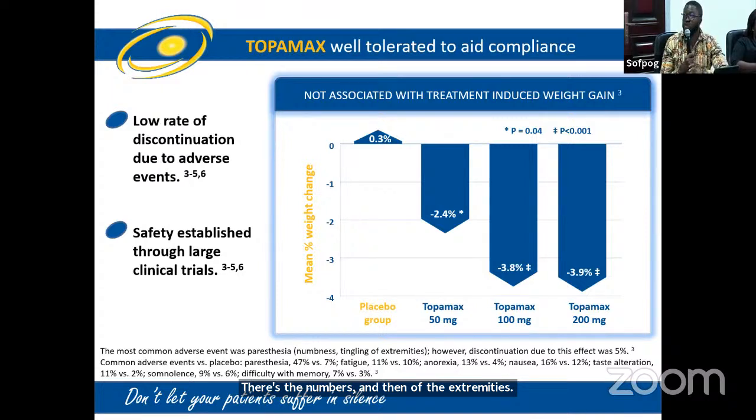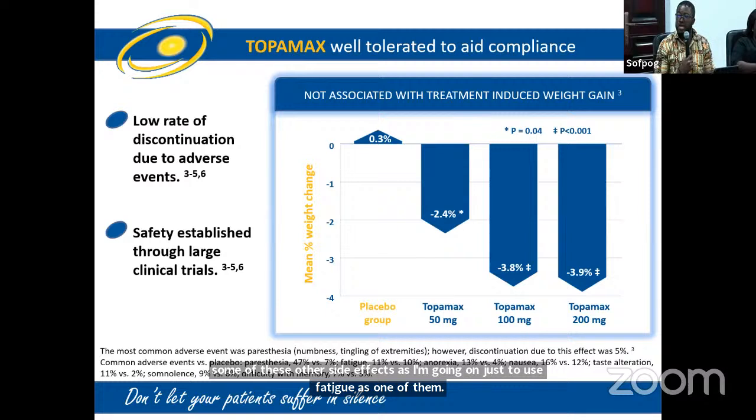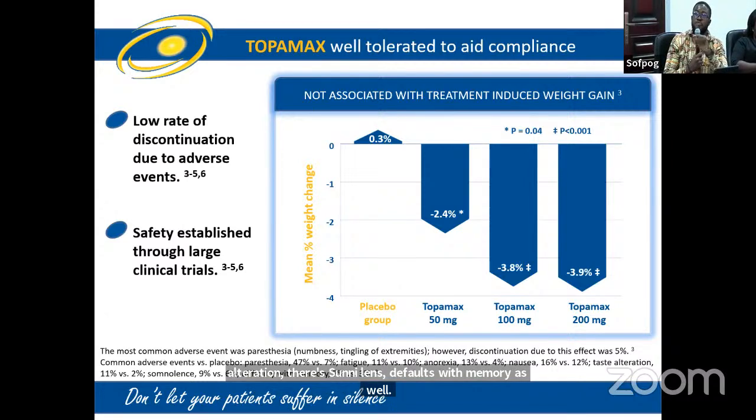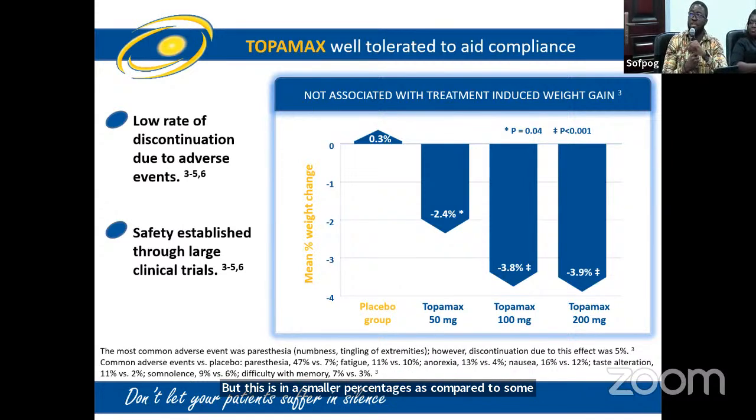Out of all the patients that we had globally, just about 5% of them discontinued Topamax use because of the side effects. And some of these other side effects, as I'm going on, constitute fatigue. There's anorexia, nausea, taste alteration, somnolence, and difficulty with memory as well, but these are in smaller percentages as compared to some of the other medications that we have on the market.